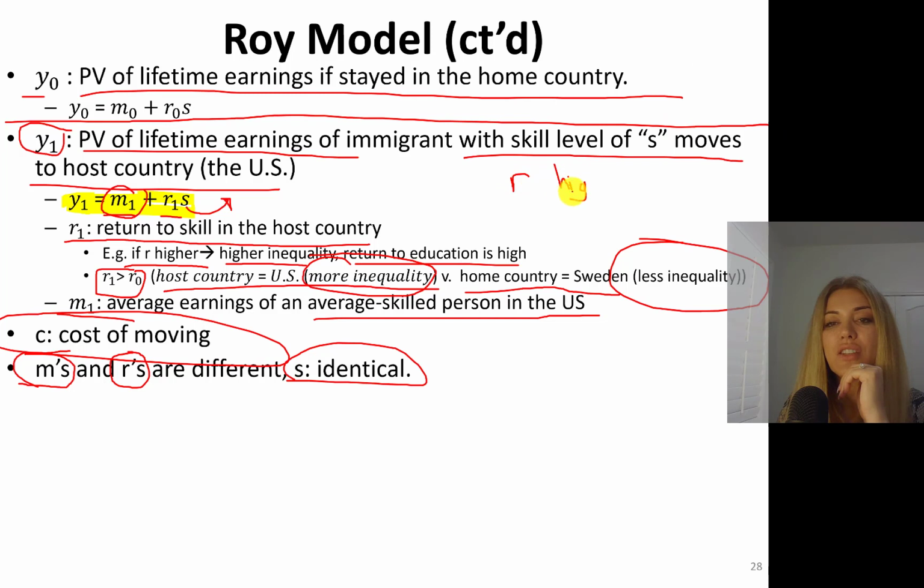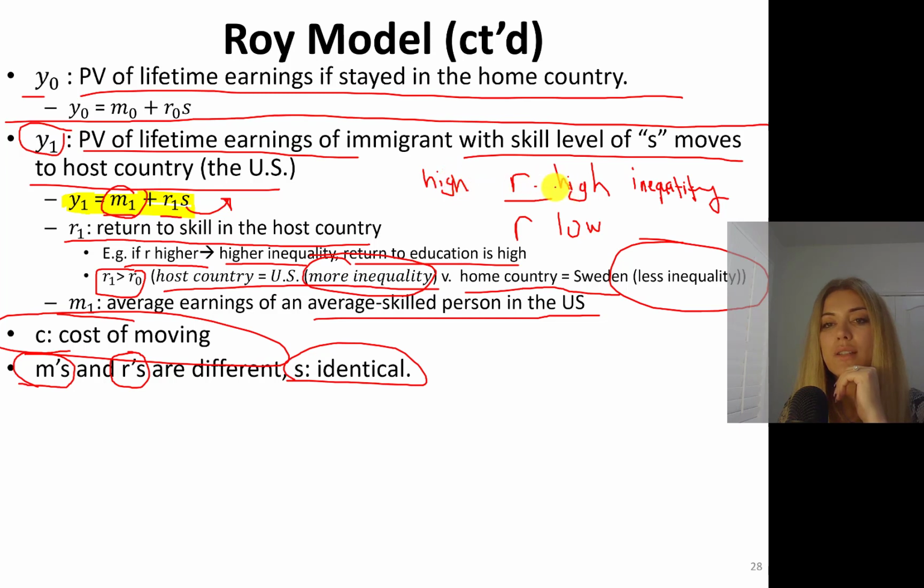If return to education is high, you will see more inequality. So in the United States, there's a huge difference between a manager and a janitor. Education matters.